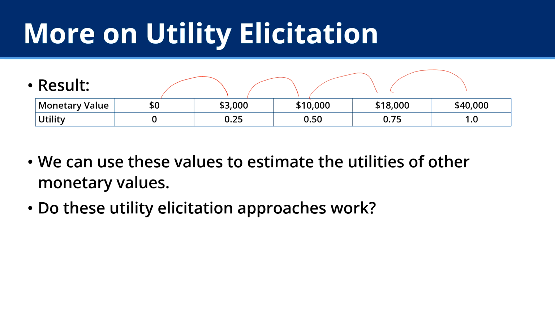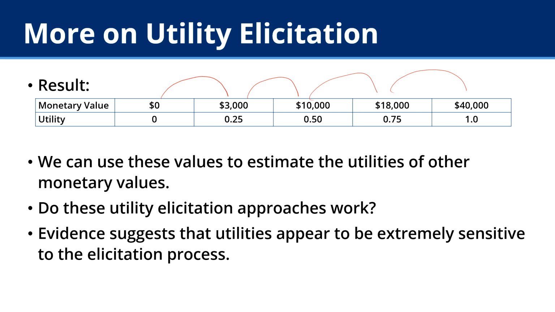Okay, so evidence suggests that the utilities appear to be extremely sensitive to the elicitation process. So you have to assume the preference of an individual does not change, right? Whether someone prefers a $10,000 guarantee versus a lottery ticket that offers X percentage of winning and Y percentage of losing for $50,000, $80,000.